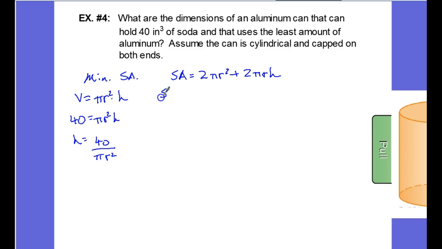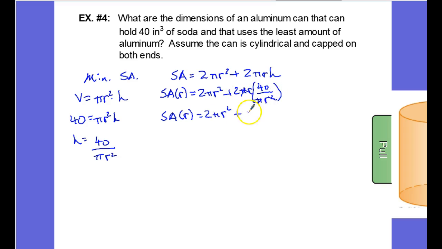And so now let's do surface area as a function of radius, and that's going to be equal to 2 pi r squared plus 2 pi r times h, and in place of h we'll put 40 over pi r squared. Now the pi's cancel, the r cancels, 2 times 40 is 80, and so we can rewrite this now. Surface area as a function of r is equal to 2 pi r squared plus 2 times 40 is 80 over r.